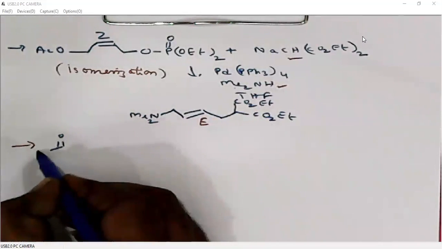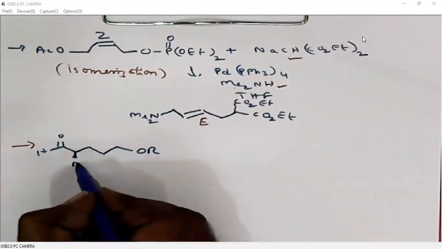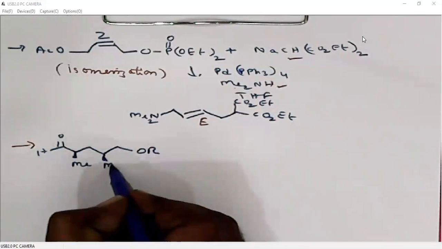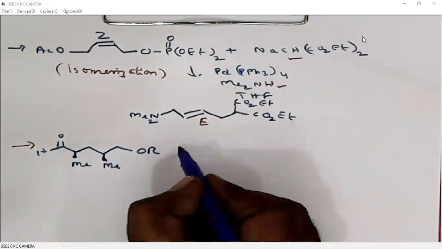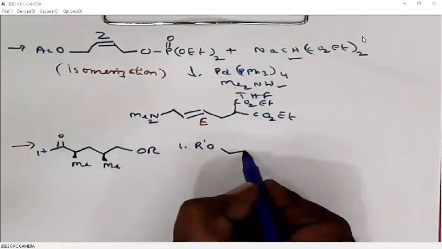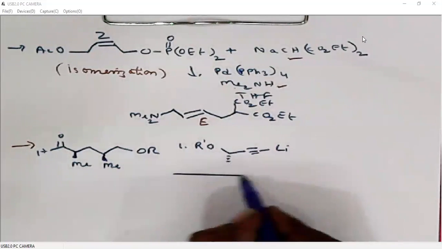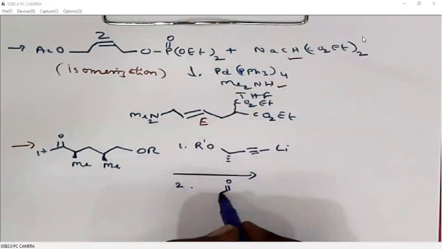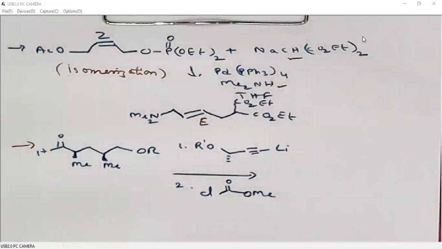Another important aspect of Trost-Tsuji coupling is that we can use these reaction conditions for deoxygenation. Of course, we know Barton-McCombie deoxygenation, where we use radical reagents. Instead of radical reagents, we can employ simple reaction conditions for deoxygenation.